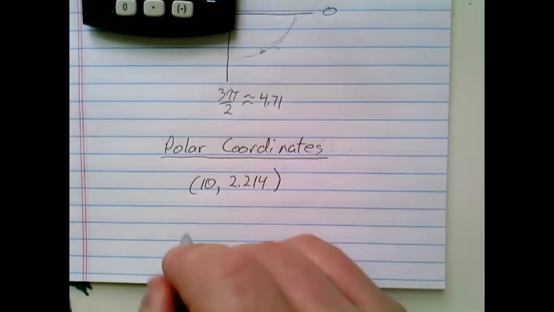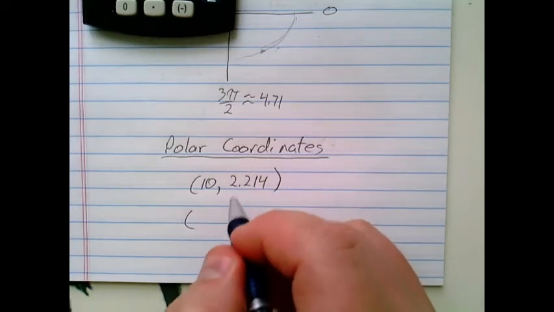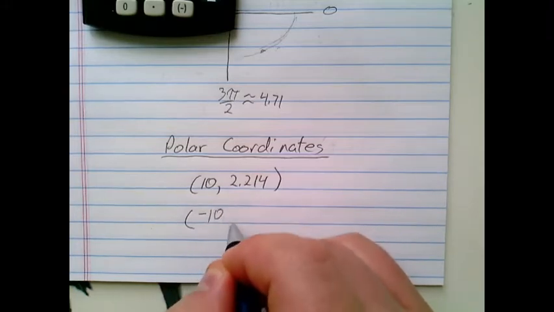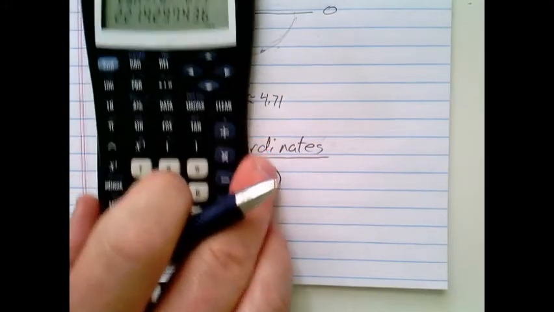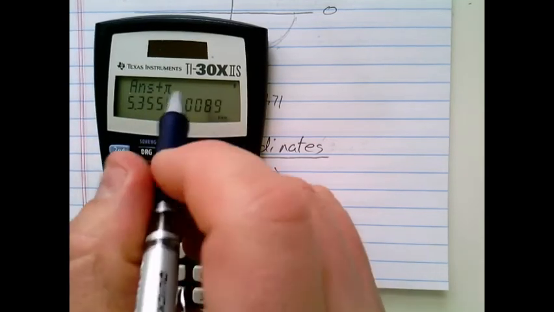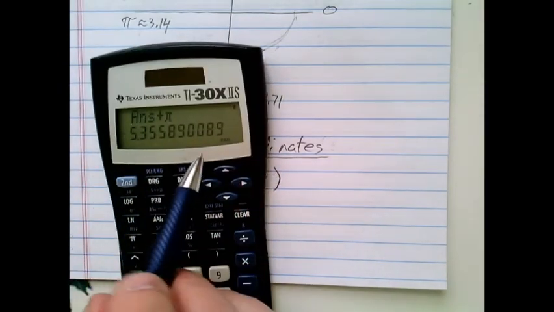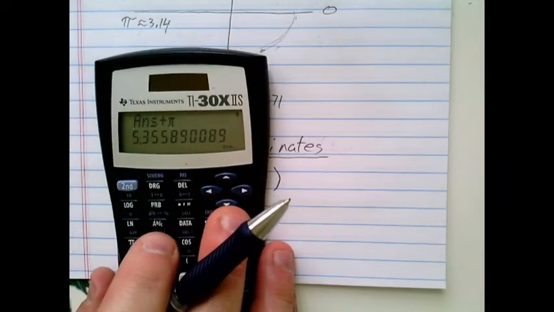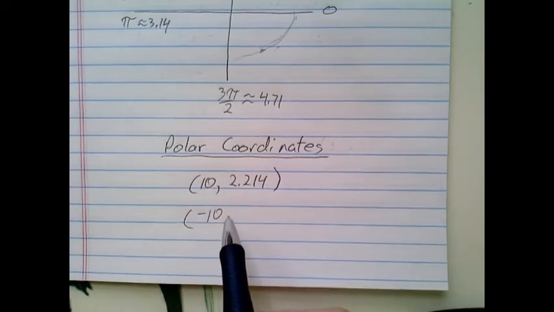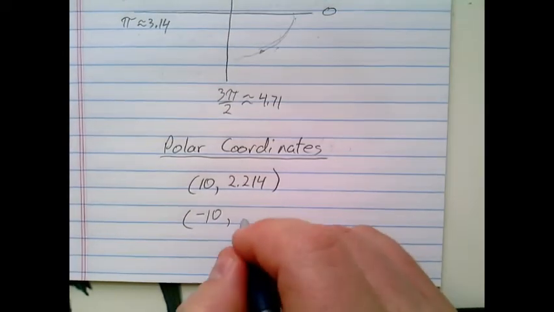Now it said give it 2 ways. So here's what I could do. I could add another pi to it. That would swing it back down to quadrant 4. But as long as I put a negative on the 10, even though my angle's in quadrant 4, that'll keep me back up in quadrant 2.